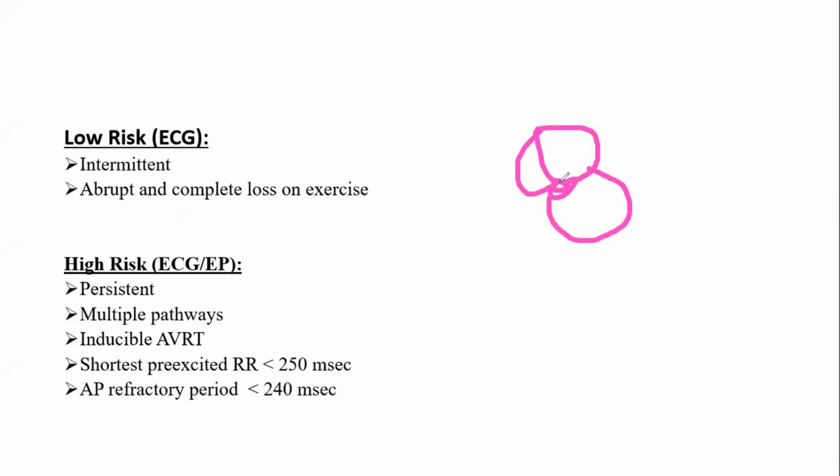When you increase the sinus node activity, let's suppose the resting heart rate is 80, and you ask the patient to exercise, it goes to 140, or even 110.